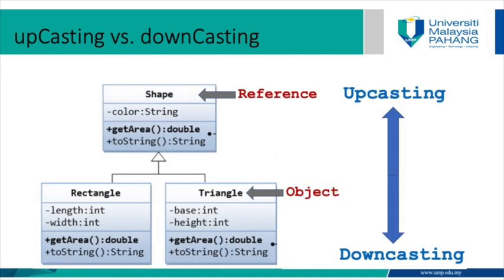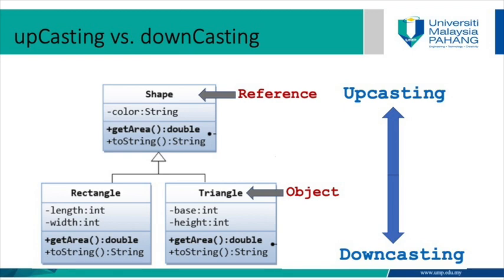This is the UML diagram for the Shape class, Rectangle class, and Triangle class. So how do we do the process? If the child class refers to the Shape class, we call it upcasting. If the parent class refers to the object in the child class, we call it downcasting.